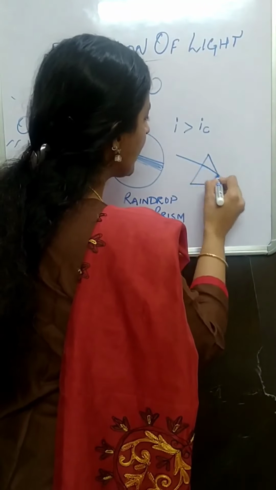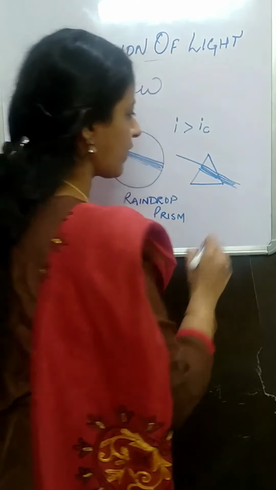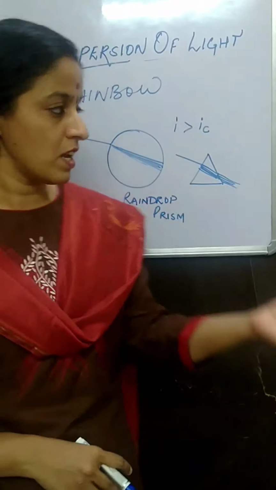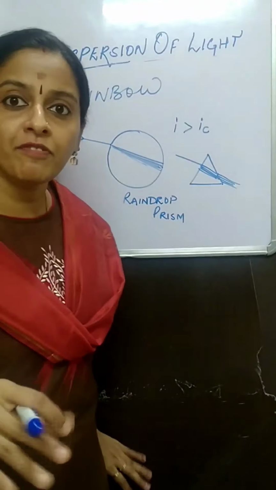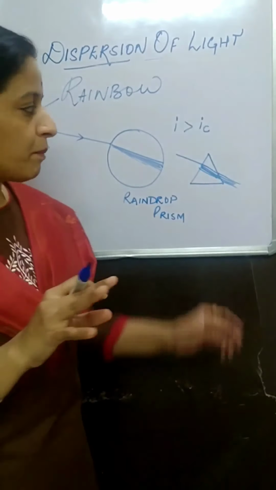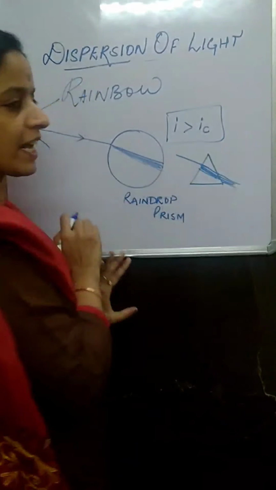White light entering, getting dispersed, and again getting refracted. Again refraction took place. But here dispersion happened, but refraction is not happening. Why? Because that angle was greater than the critical angle.